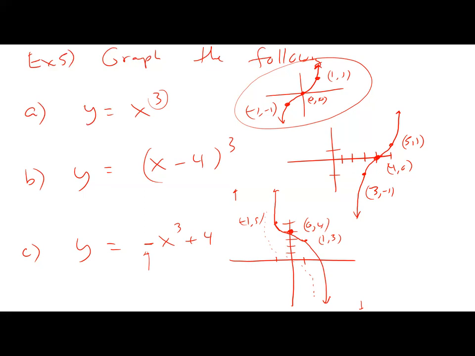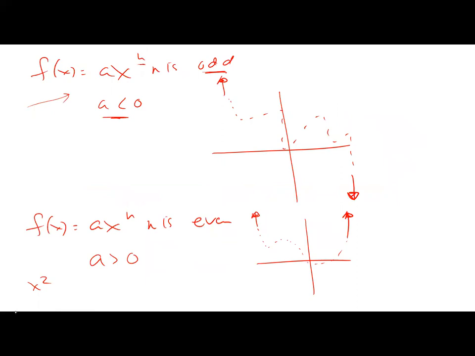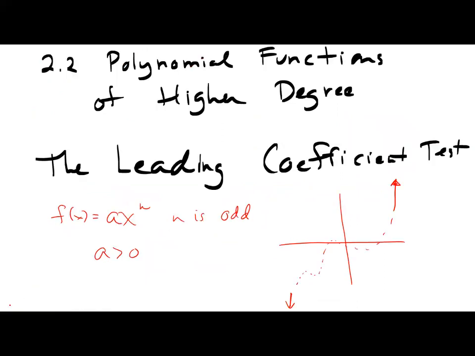Okay, now I'm confused, because I thought with a negative number and n odd, it starts low and ends high. Let's go look at our notes here. That's even, that's odd, I think. So if A is a positive number and N is odd, we go low, high.